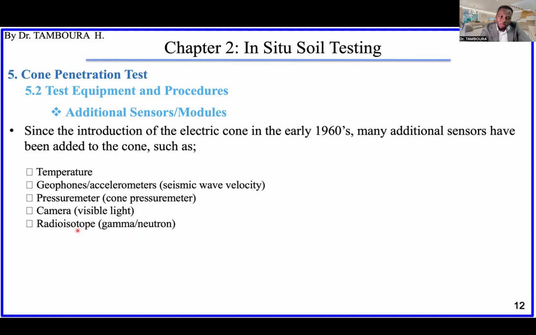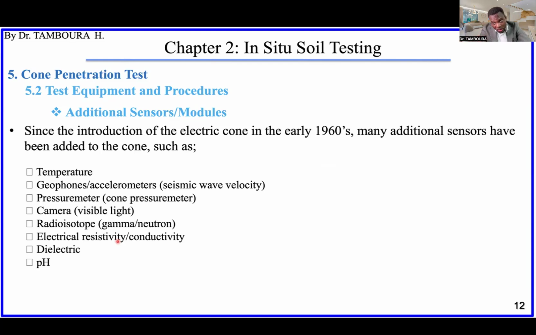This is maybe not all of them are for geotechnical engineering. Electrical resistivity and conductivity, that one also, in the geophysical testing, we talked about this one last time. Dielectric, pH, the pH of the soil.